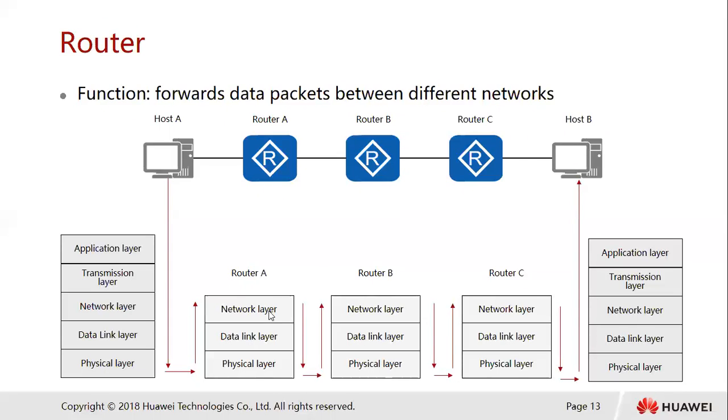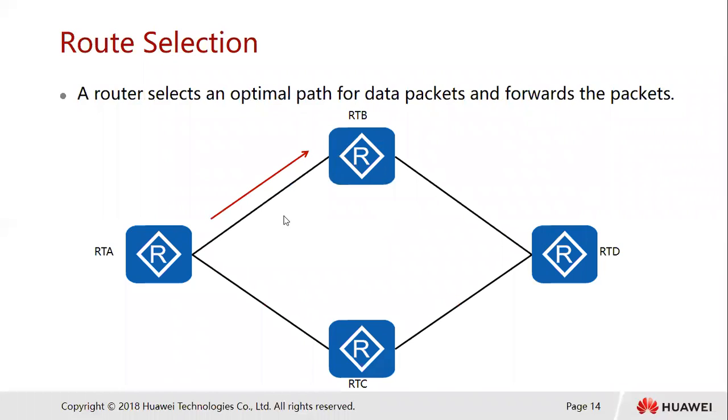And the router is a layer 3 device, or one of the devices that we have in the network layer. So this is how things work, but very, very quickly. We can also use the router to select the best path to our destination, where we are going.